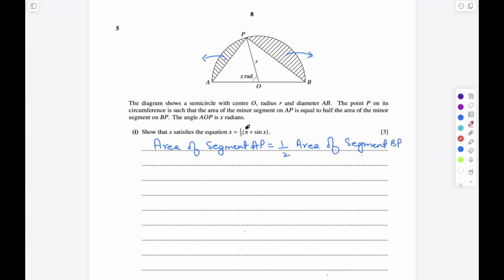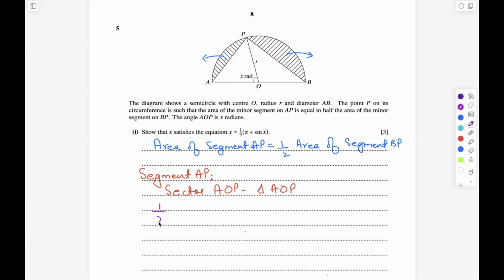Now, first finding the area of the segment AP, we can first find the area of sector AOP and then subtract it from the area of triangle AOP. So the area of sector is given by the formula half r squared theta.